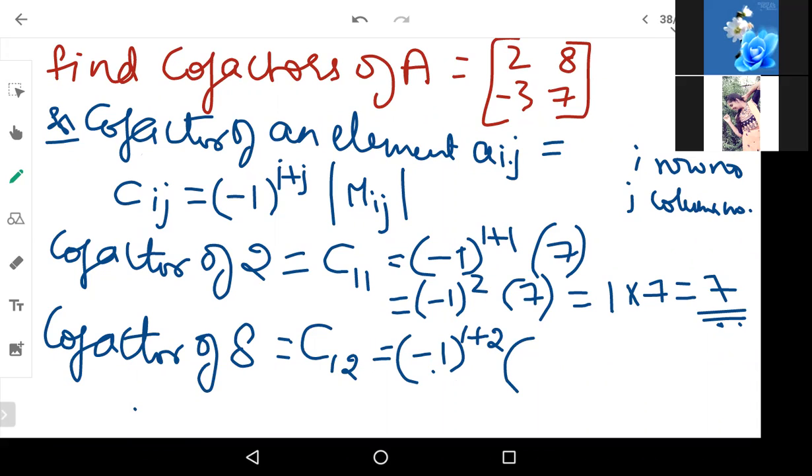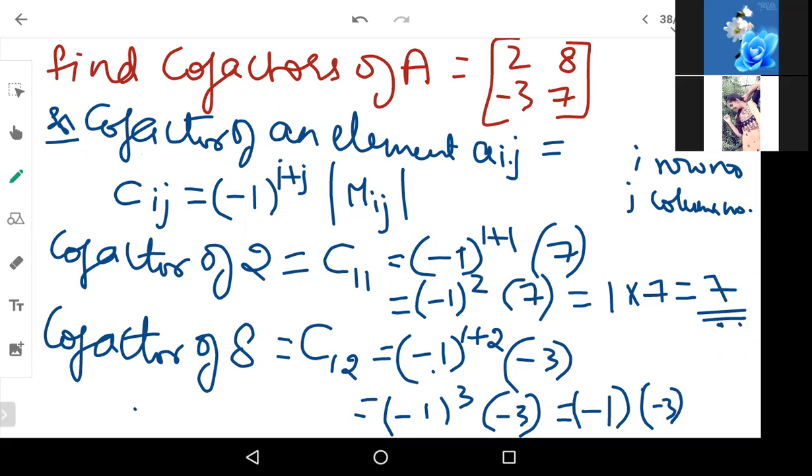Now what is the minor of 8? Very good, minus 3. So minus 1 to the power 3 into minus 3: minus 1 to the power 3 is minus 1, into minus 3 will give us plus 3 as the cofactor.